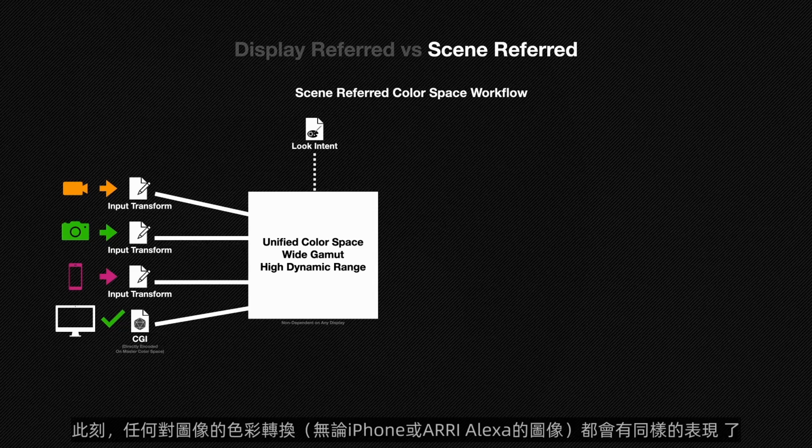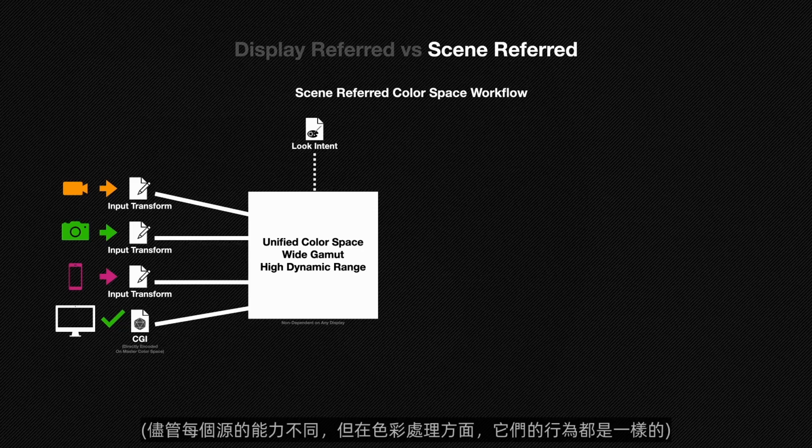At this point, any color transformation to the images will behave the same for the iPhone images or the Arri Alexa captures, respecting each source capabilities. But in terms of color manipulation, they all behave the same.